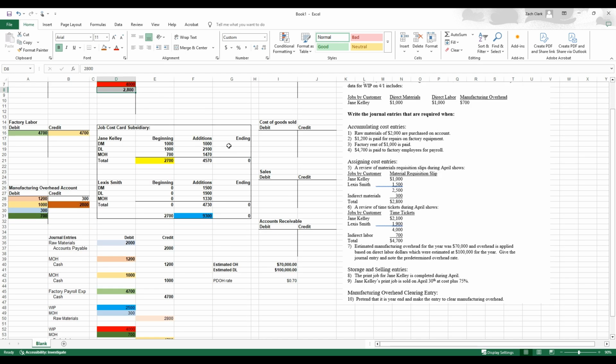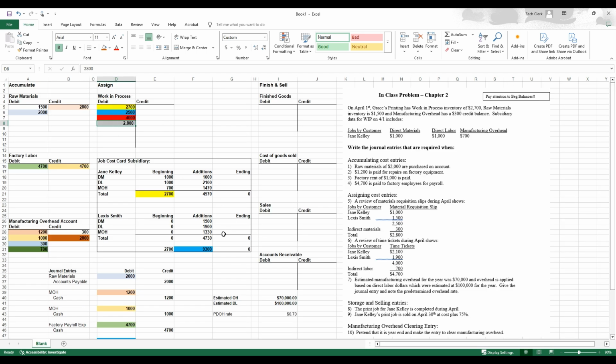Anytime anything goes in WIP, it has to be in the subsidiary. This is just the parent or the high level account. This is just the details, but this is all the same thing. So in other words, if you selected all of this 12,000, and here, let me do this first. We'll auto sum across to get our ending balances. Actually, I'm just going to copy this, paste it down, fix our borders.